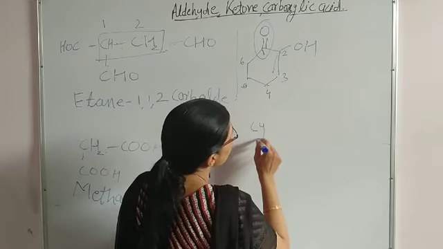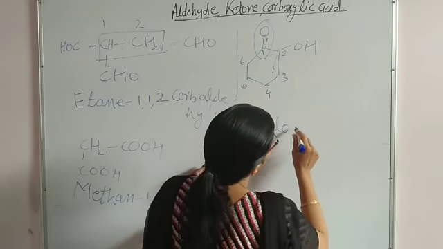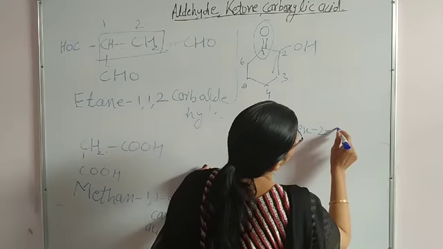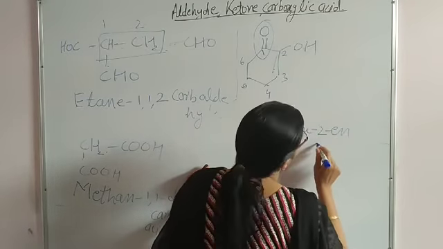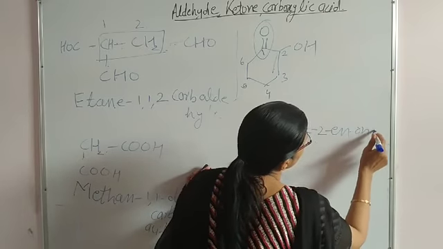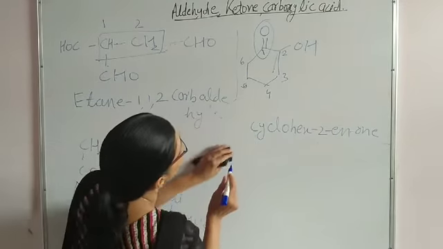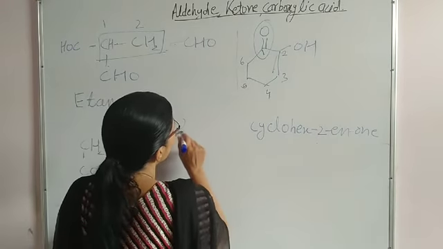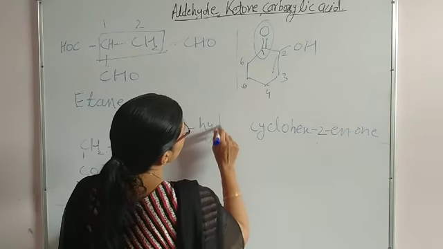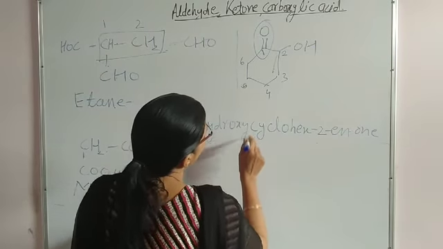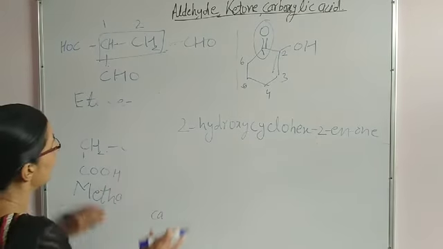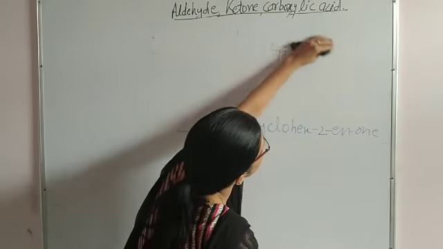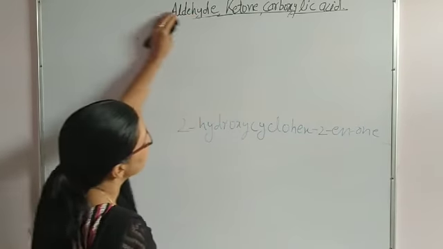So you will write cyclohexane, hex-2-ene-1-one. And at 2 position, hydroxy group will get the prefix. So you will write 2-hydroxy. So it is the complete name. Always leave some place to write the prefixes. First write the suffix according to the principal group.